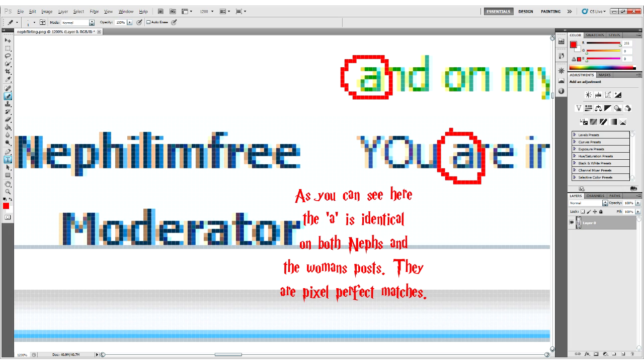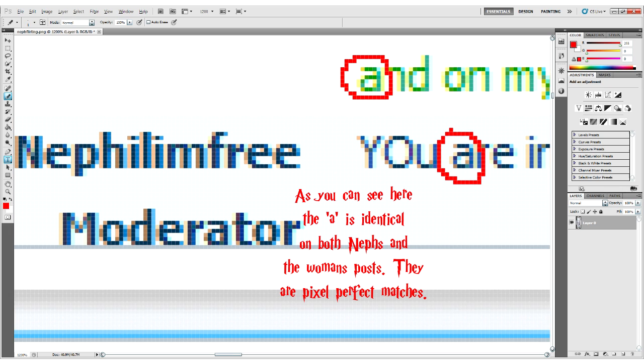But as you can see here, these two are shaded correctly in both letters and they're identical to the pixel. So the alphas are right, the transparencies are right, the shading pixels are all in exactly the same places. So there has been no alteration here whatsoever.